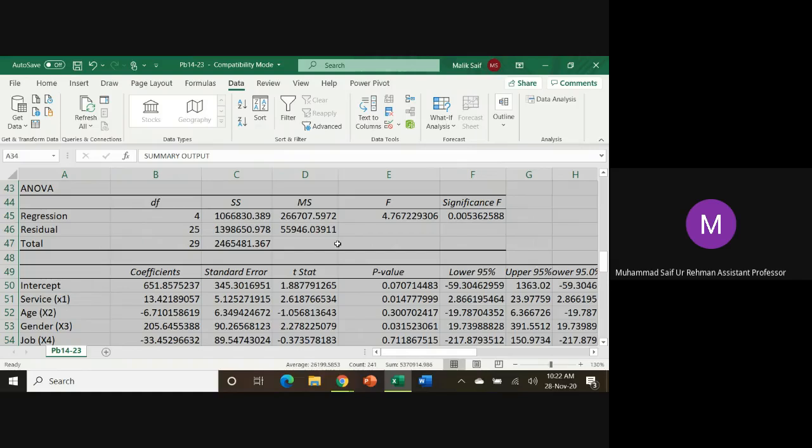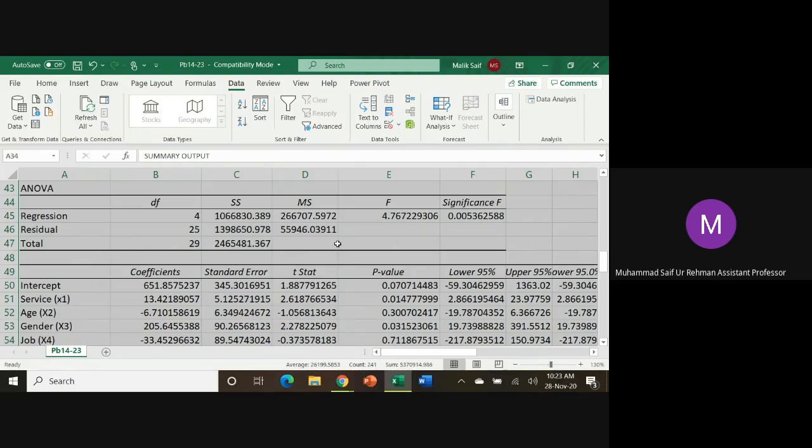It means all betas are equal and all are equal to 0. Okay, that means that there is no relationship between the independent variables and the dependent variable. And the alternate hypothesis in that case will be all betas are not equal to 0.